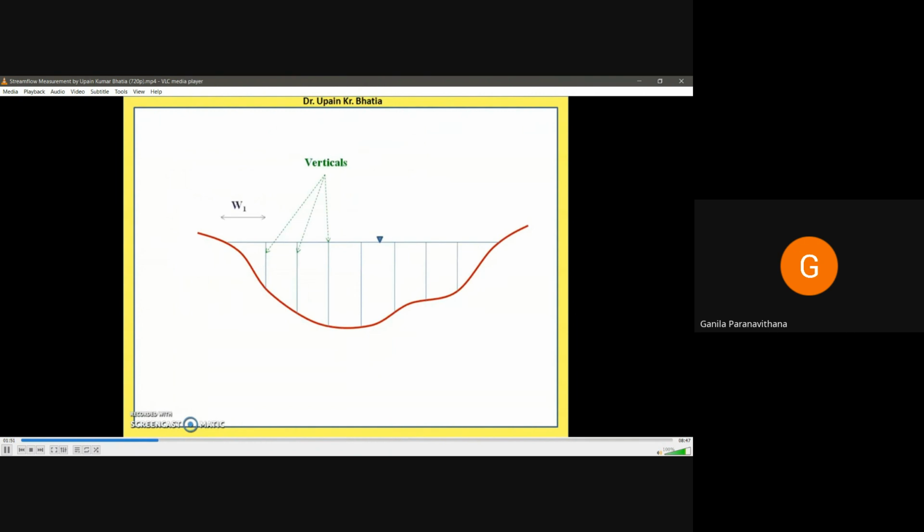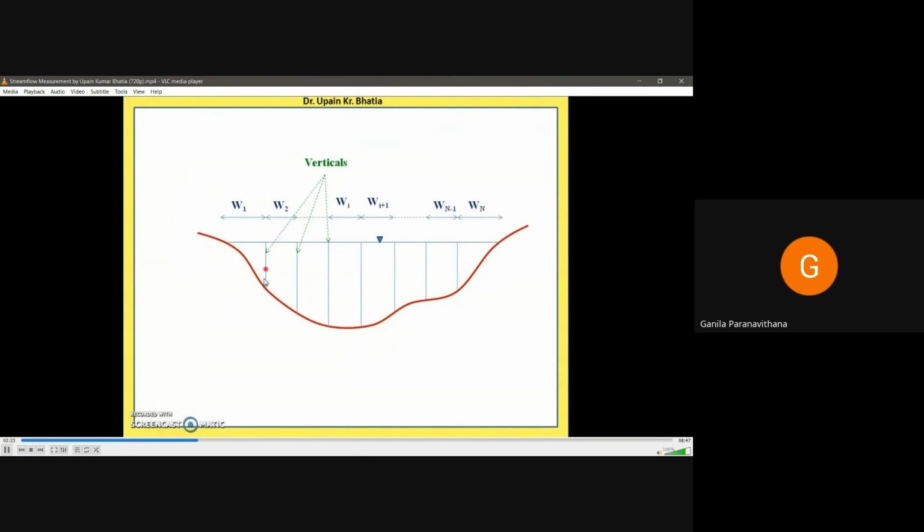The distance of first vertical from the left bank is W1. Distance of second vertical from the first vertical is W2. Similarly, the intermediate verticals are at the distances Wi and Wi plus 1 from their respective previous verticals. The last vertical is at the distance of Wn minus 1 from the previous vertical, and the right bank is at the distance of Wn from the last vertical.